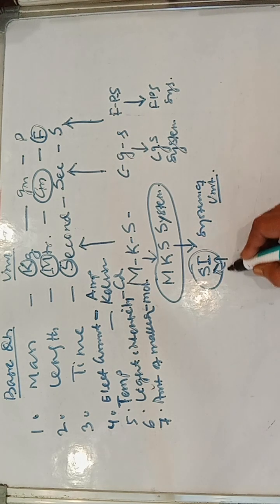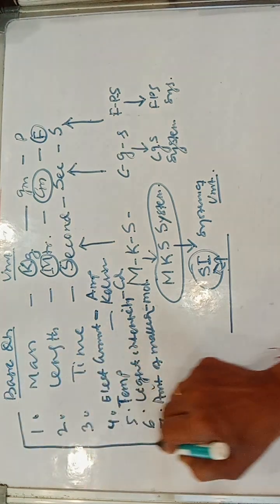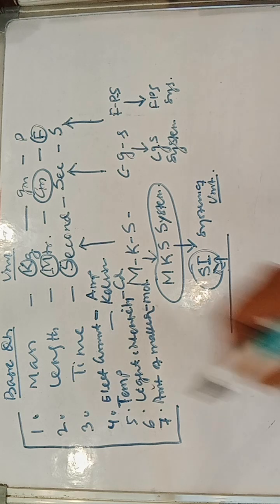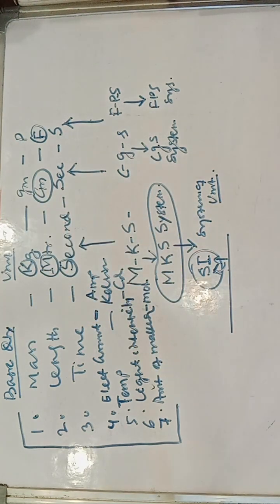That's SI system is the internationally accepted complete system where all seven basic quantities or fundamental quantities are included, and all other remaining quantities, termed as derived quantities, are being expressed in terms of these seven fundamental quantities.